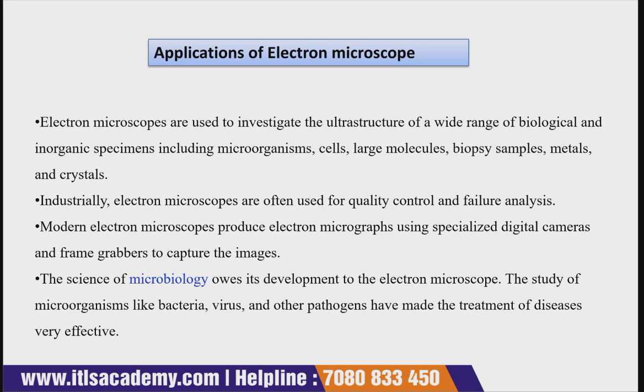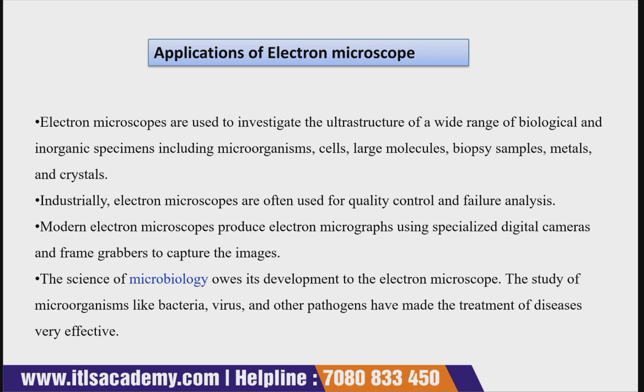Now let's quickly understand the applications of the electron microscope. Electron microscopes are used to investigate the ultrastructure of a wide range of biological and inorganic specimens, including microorganisms, cells, large molecules, biopsy samples, metals and crystals. So they have very vast applications.